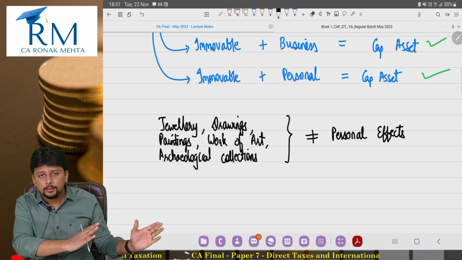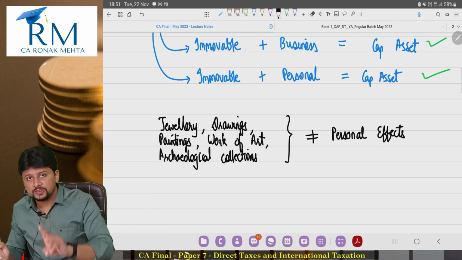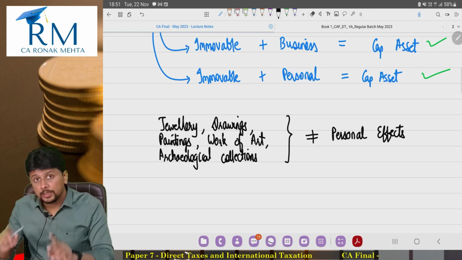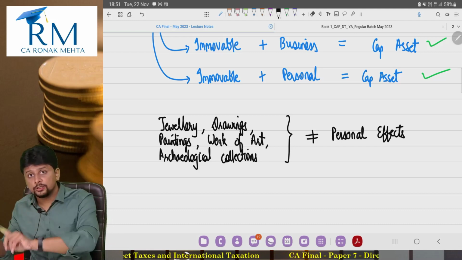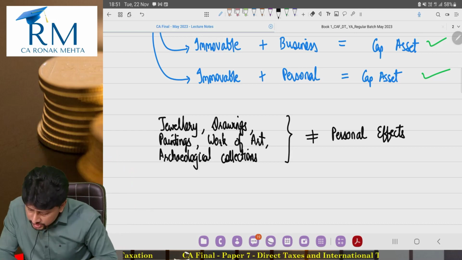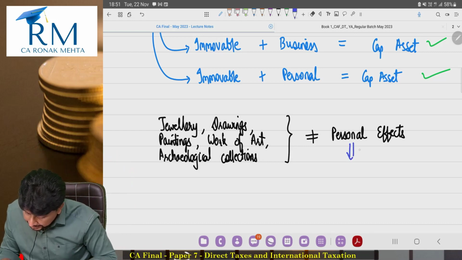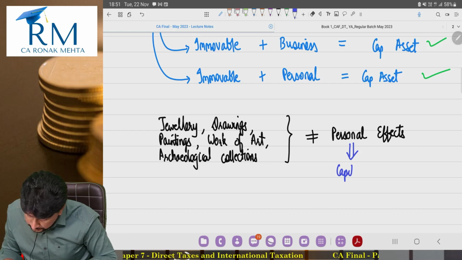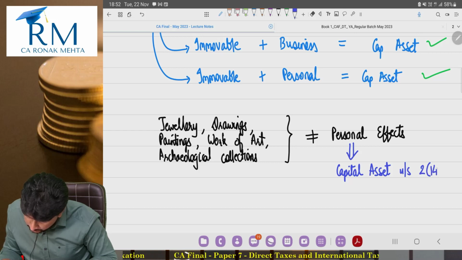Capital asset does not include personal effects, but personal effects does not include these items, which implies that all these items are treated as a capital asset under section 2 clause 14.